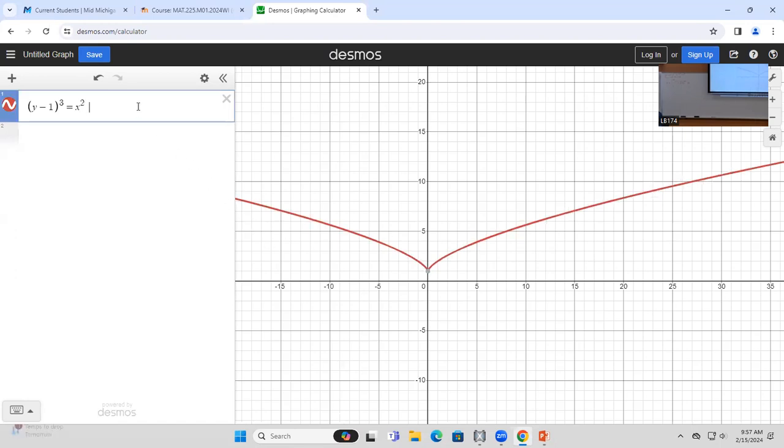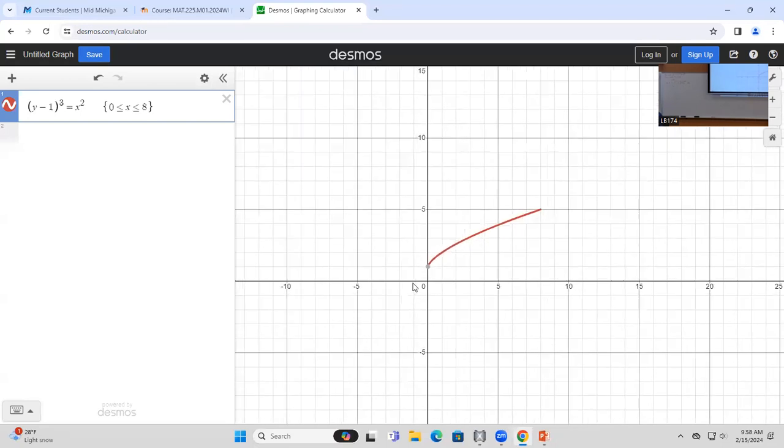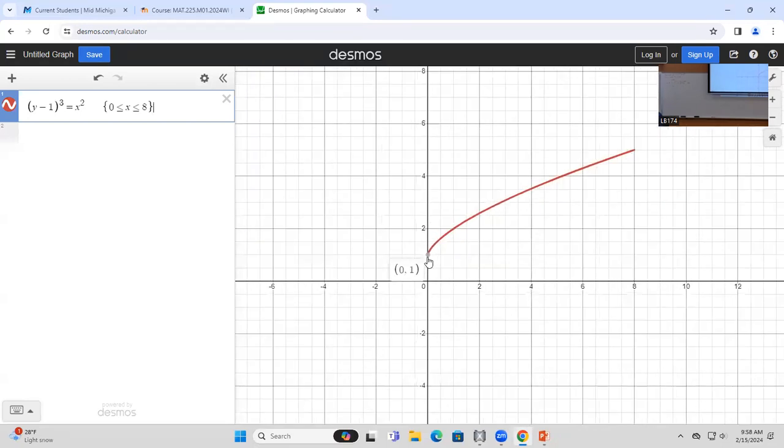And then we're going to go from x equals 0 to 8. So we're talking about that section of that V. All right. Everybody okay with that? So this little section. So I want to find the length of this.